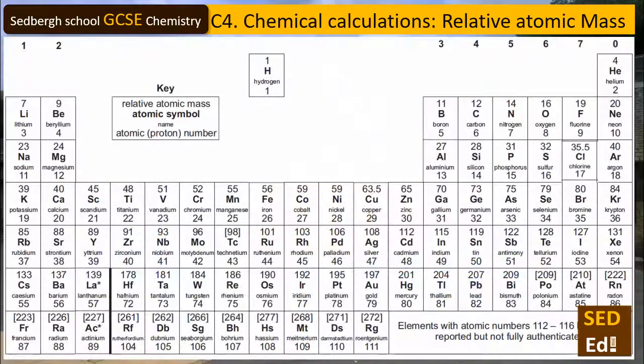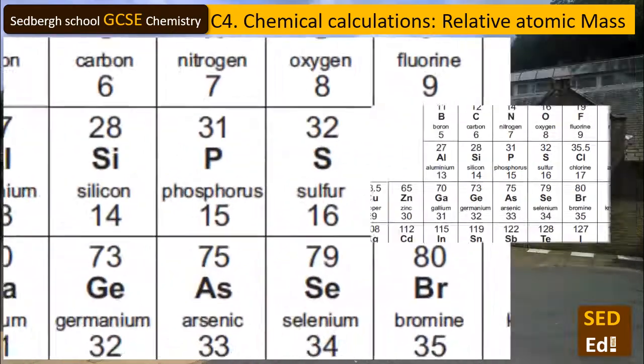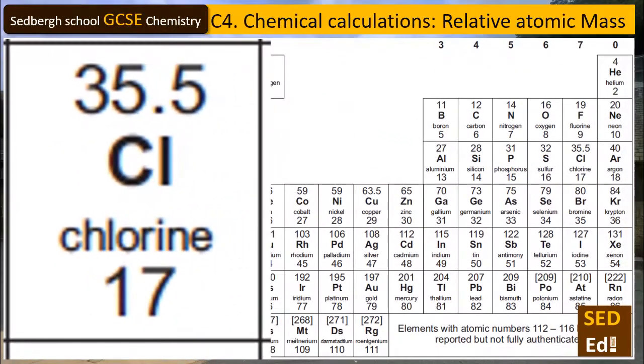A GCSE periodic table of elements shows that most of these elements have a nice, simple whole number for the relative atomic mass. But what about something like chlorine? The relative atomic mass of this element is given as 35.5, but if the mass of protons is 1 and the mass of neutrons is 1, how on earth do we have a non-whole number for our mass?